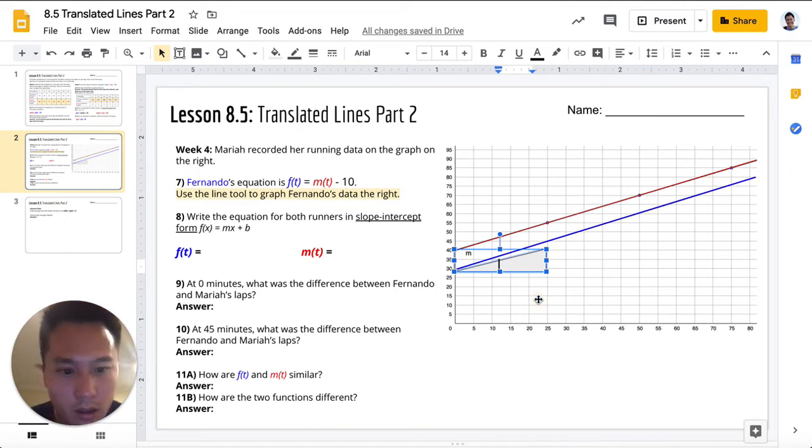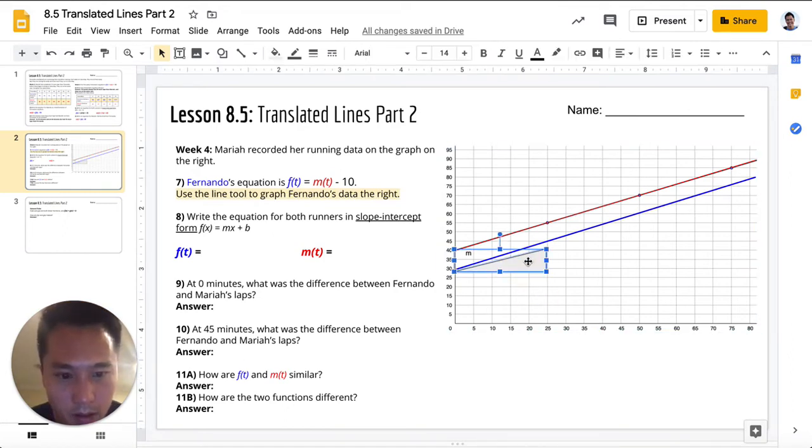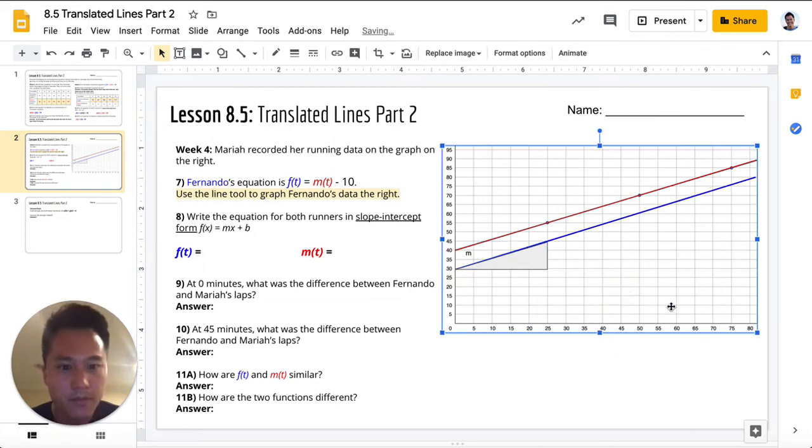So if I look at this slope triangle, which is not quite working out the way that I want it to, sorry about that. There we go. Okay. And I'm going to use this as an anchor point because I do know that at this point right here, it's exactly 25 minutes and 45 laps.